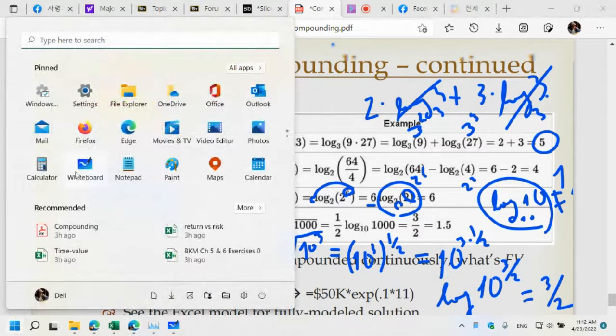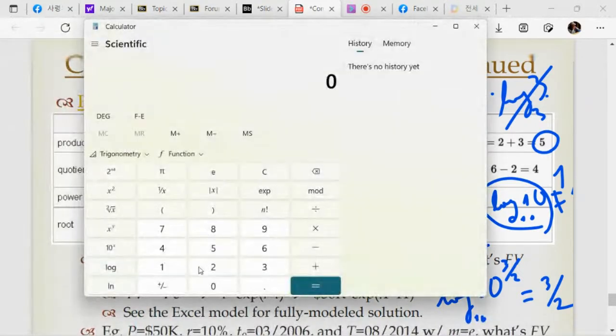In other words, if you take 243 raised to 1 over 5, the 5th root of 243 is 3.